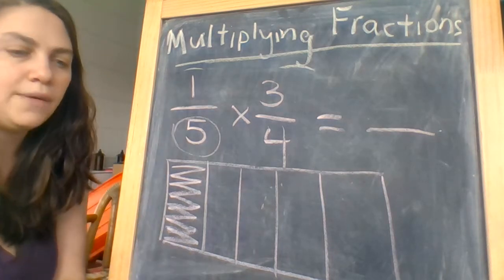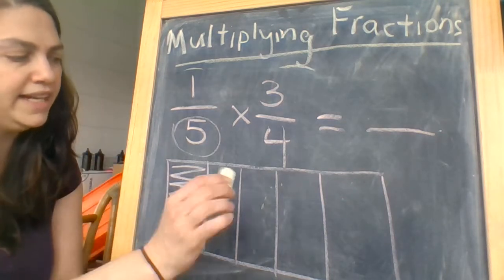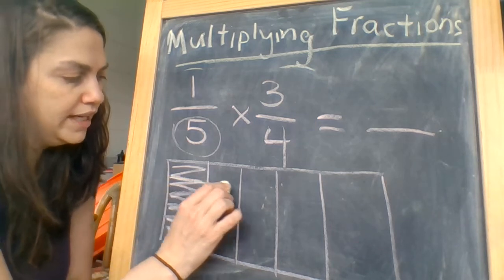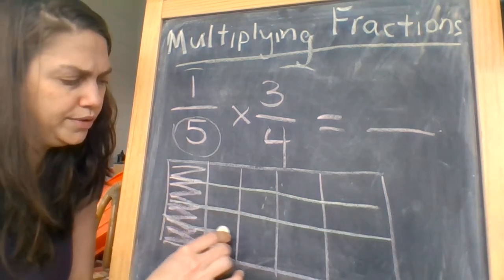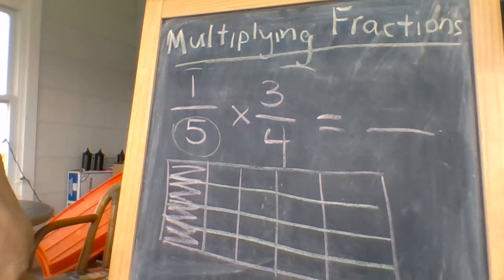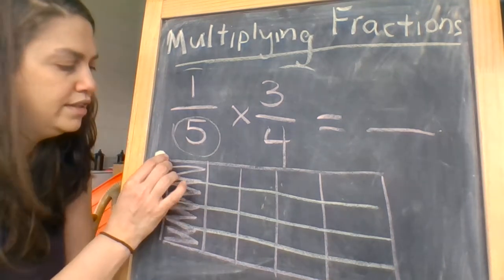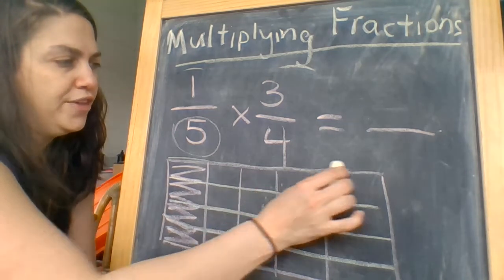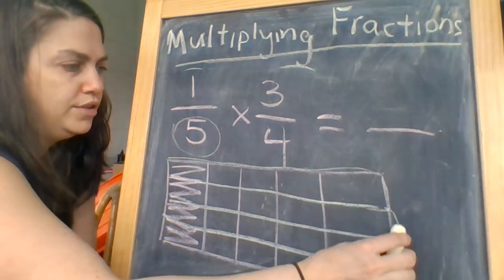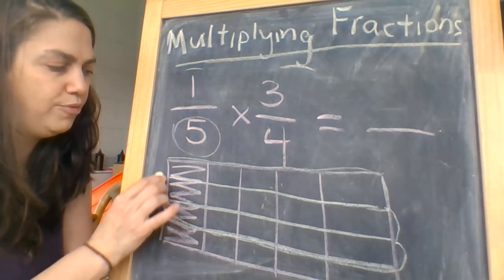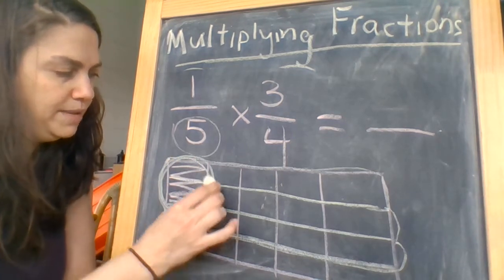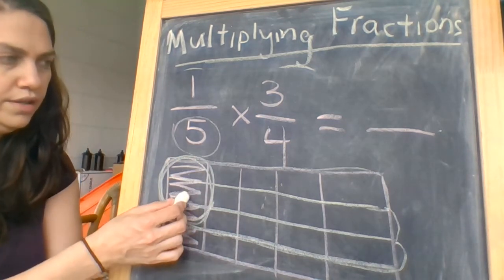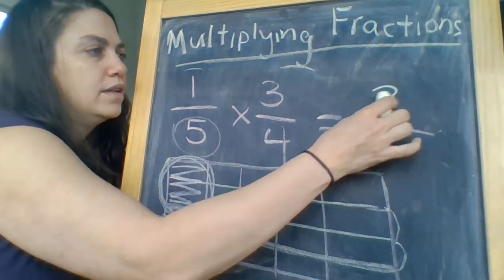So 4 pieces means I want 3 lines, and I'm going to draw my lines the other direction. 1, 2, 3. Now if I look at 3/4, that's 1, 2, 3. All of this piece of the pan. I'm going to look at where they overlap. It's these 3 pieces right here. 1, 2, 3.